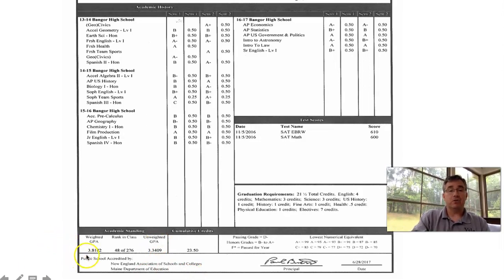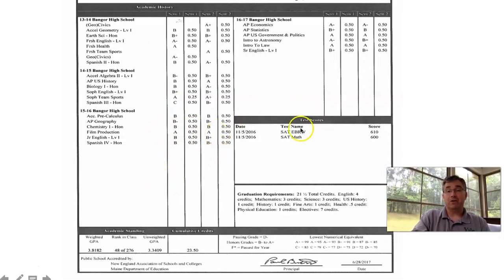The fact that this student's weighted GPA is about a half a point higher than their unweighted GPA means that they took some honors and AP courses and did well in them. In other words, got A's and B's in them. And that can be confirmed by looking up here at the transcript. And you can see all of those at work.